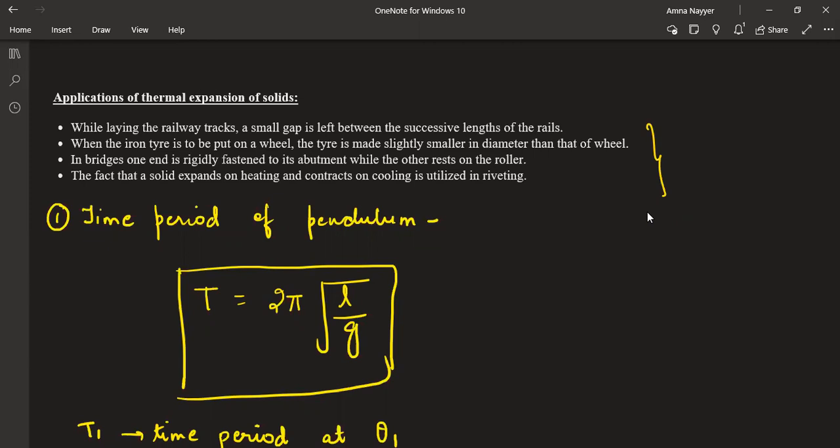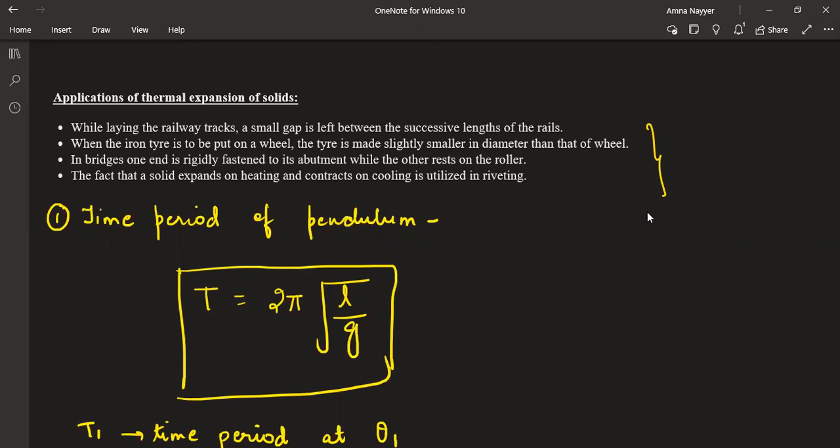Secondly, when the iron tire is to be put on a wheel, the tire is made slightly smaller in diameter than that of the wheel. Same thing: when the vehicle is moving, friction is produced, that friction causes heat, and that heat is responsible for expansion. So to allow room for expansion, a gap is always maintained.